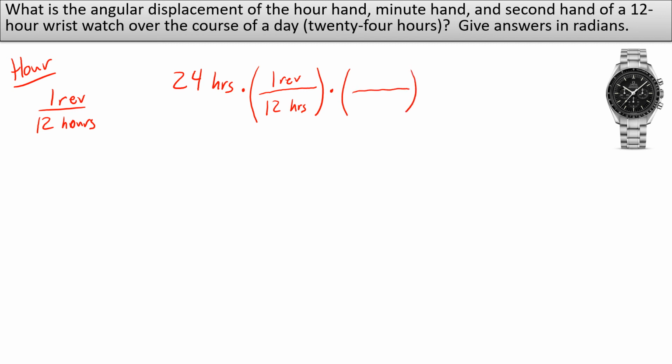So again, we have revolutions in the numerator, we put that in the denominator, radians right there. 1 revolution is equal to 2 pi radians. So it's like we're doing 2 conversions at once, so that the hours cancel out, the revolutions cancel out, and we're left with radians. So we have 24 times 1 times 2 pi divided by 12 times 1, or just 12.